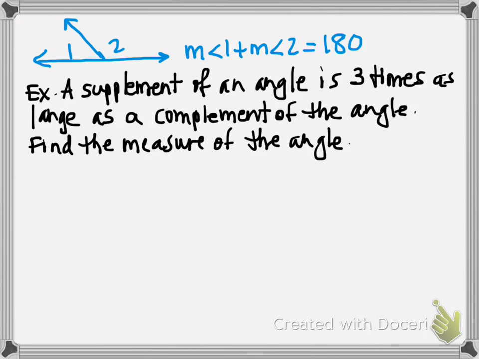So in algebra, if you remember, hopefully you do, what we look at is what they're telling us to do, usually the last sentence. Sometimes it's written as a question. We look at what it is they want us to find. In this case, it says find the measure of the angle. So that's what we're going to let x represent, is the measure of the angle.